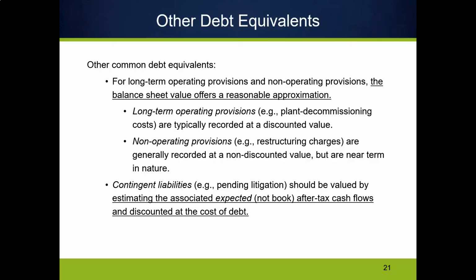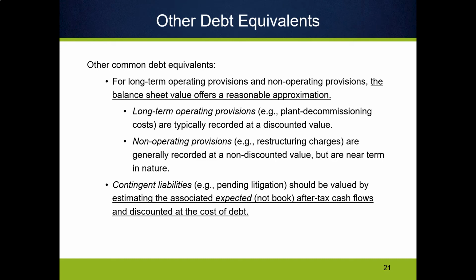And then we've got some other kinds of debt equivalents, what are typically called provisions, the operating provisions and non-operating provisions. So long-term operating provisions are things like decommissioning costs, restructuring charges, these kinds of things. Typically, the balance sheet has a reasonable approximation of what these liabilities are. Right? So these are just listed as liabilities.